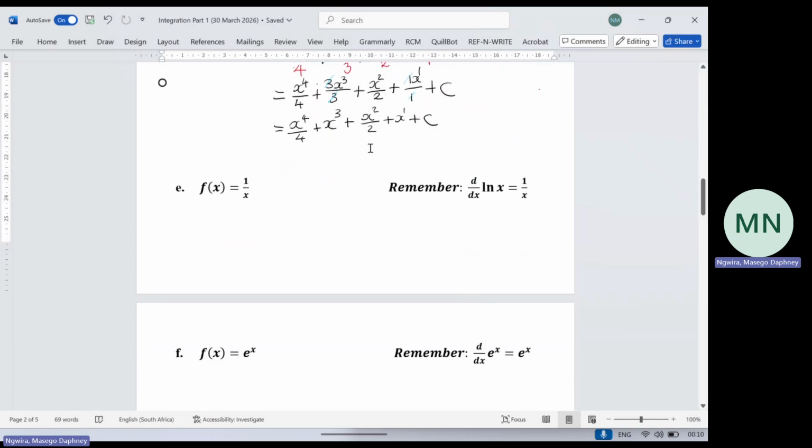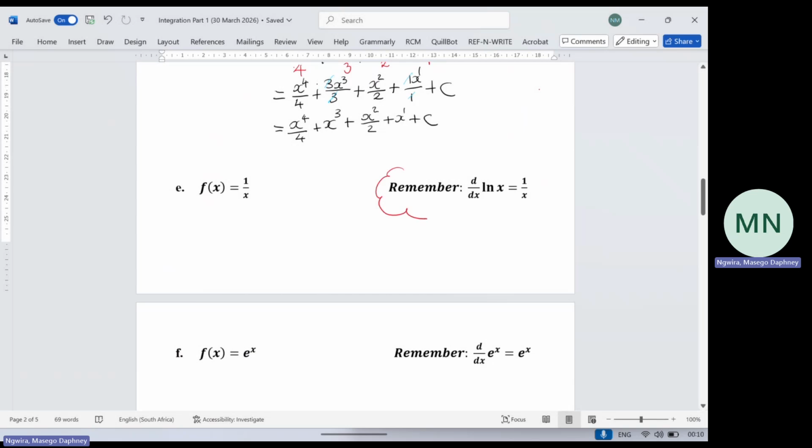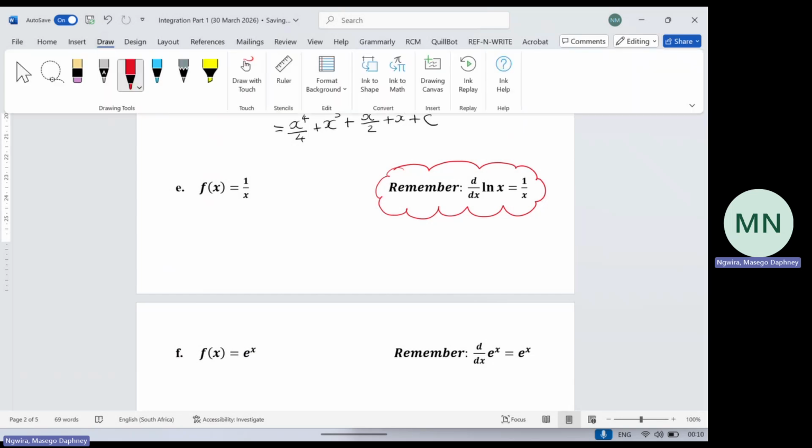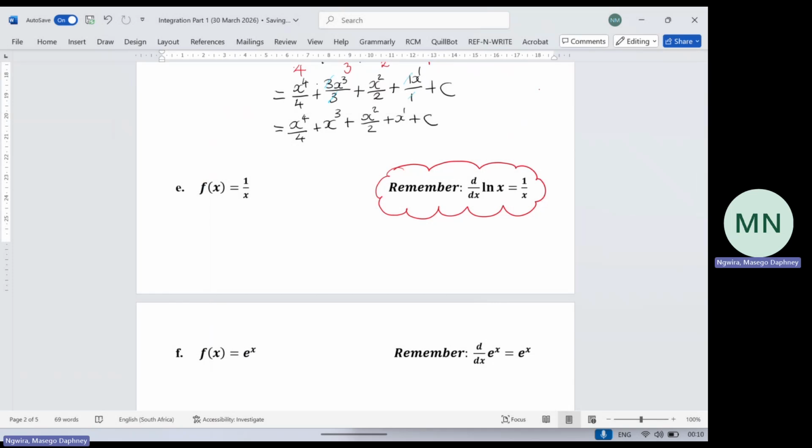So if you remember, when we are doing the derivative, we used to say that the derivative of ln x is going to be 1 over x. So because we are integrating, the integral of 1 over x is going to give you ln x, because we said that integration is the reverse of differentiation.